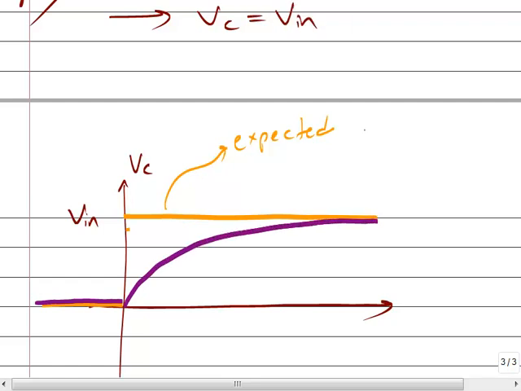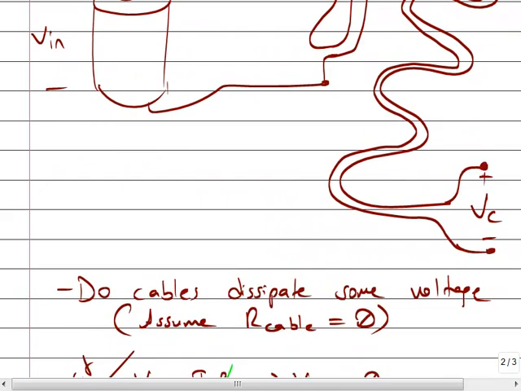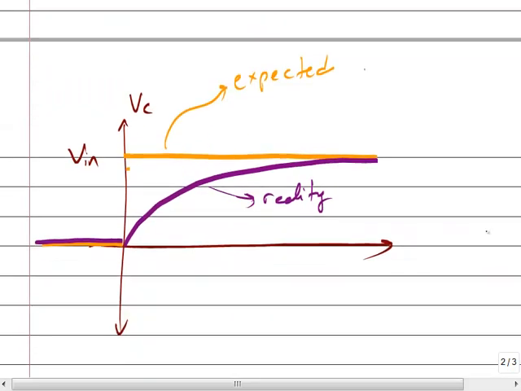Okay, so this is the reality. Okay, if I use a long cable, and two terminals of the cable is very closer, like that, okay, you will see a delay at the output voltage. What's the reason of this?